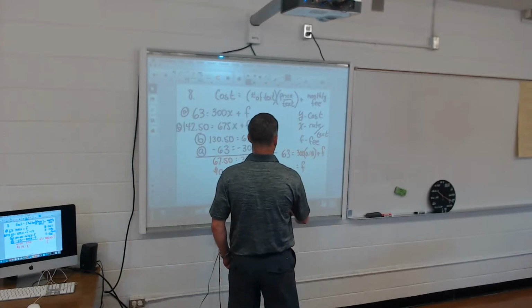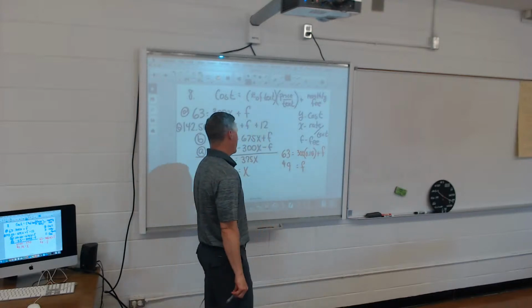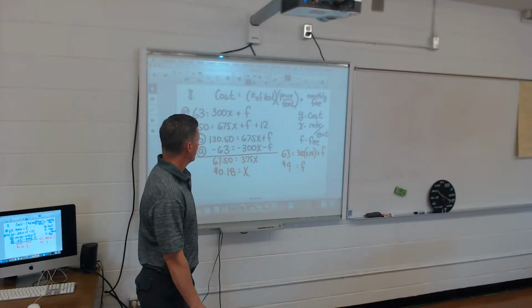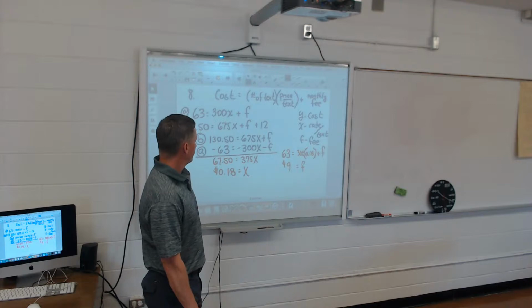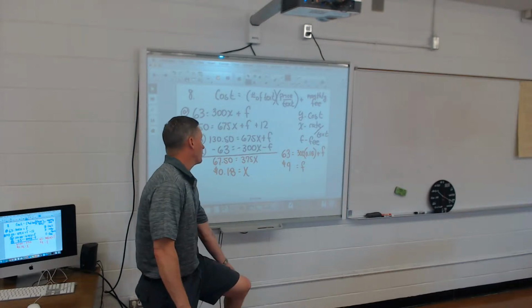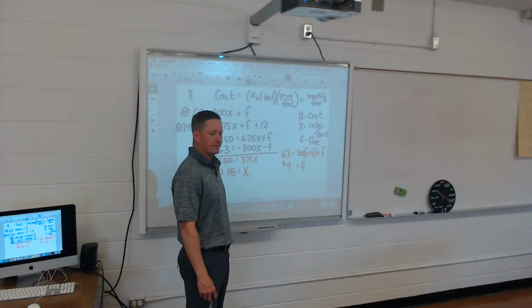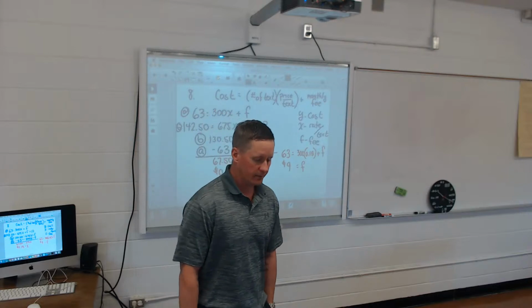My monthly fee, if only it was that much money, is $9. Okay, so the text messages cost 18 cents a text message. The monthly fee was $9 for this.